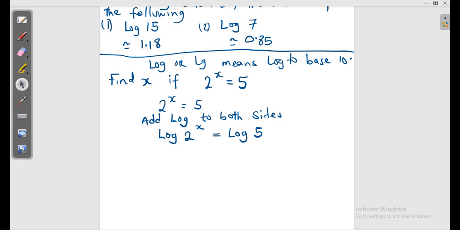And that gives us x log 2 is equal to log 5. To get x, what do we do? We divide both sides by log 2. So log 2 will cancel out log 2, and x gives us log 5 divided by log 2.